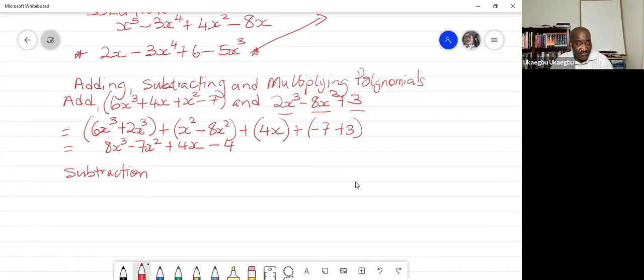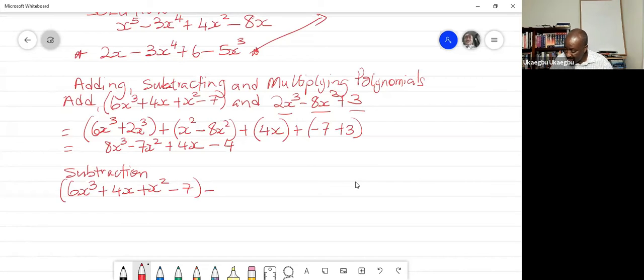But in order to avoid the mistake that he made, here's the best way to do it. First of all, you write your first expression, which is 6x raised to power 3 plus 4x plus x squared minus 7.